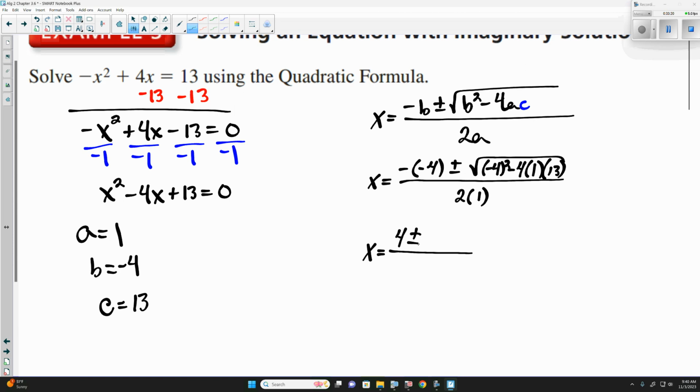Well, our negative 4 becomes positive 4, yes? Our denominator, 2 times 1 is 2. Now, we do need to simplify the radical, yes?